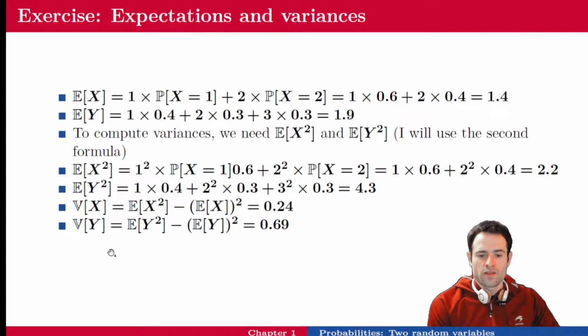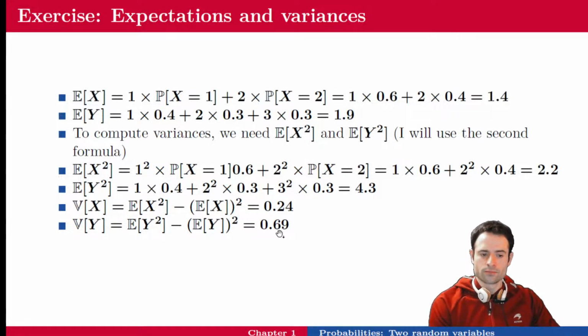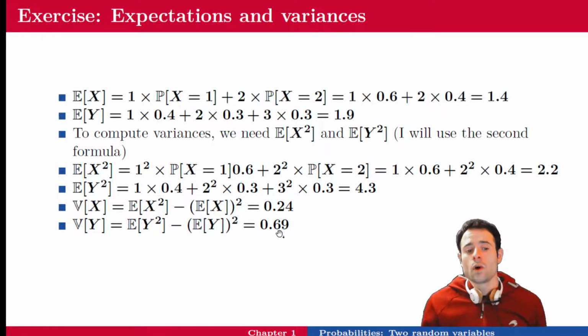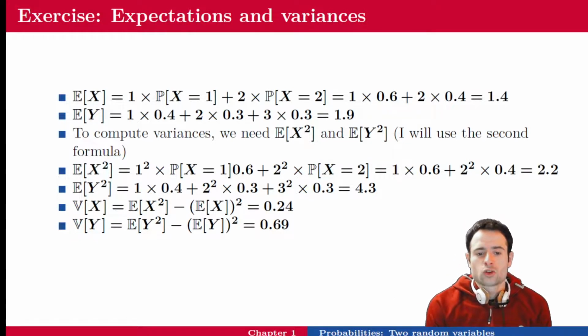Same for the variance of y. It's going to be equal to 4.3 minus 1.9 squared. And that will give you 0.69. If you want to compute the standard deviation, take the square root of these two numbers and you're done.